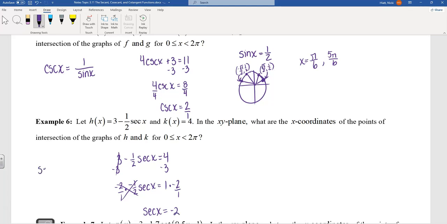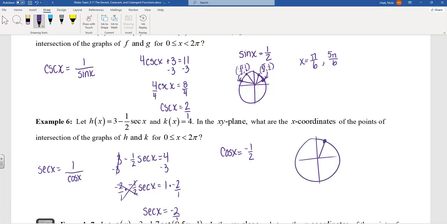So secant of x is 1 over which one? Cosine. So I can just switch, like this is negative 2/1, right? I can switch this to cosine of x equals negative 1/2. And where secant I don't know very well, cosine I do know from the unit circle, right? So we are looking at x coordinates.